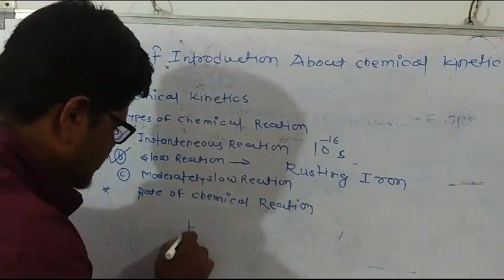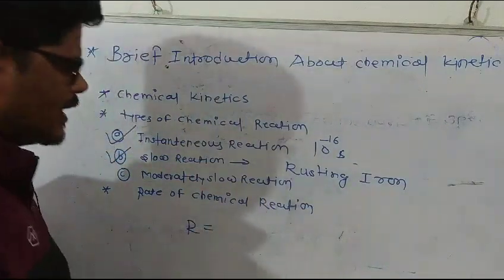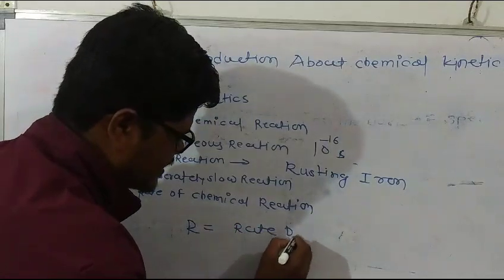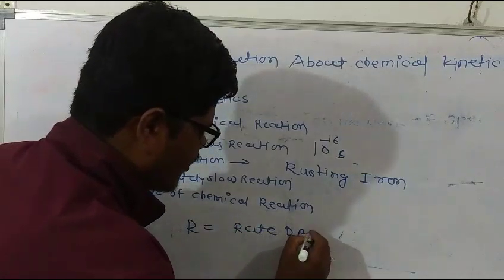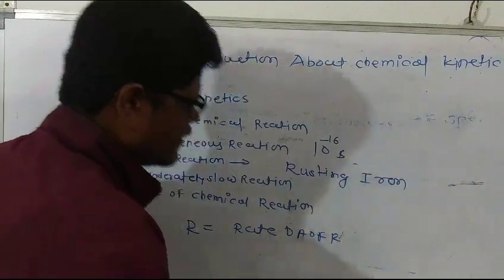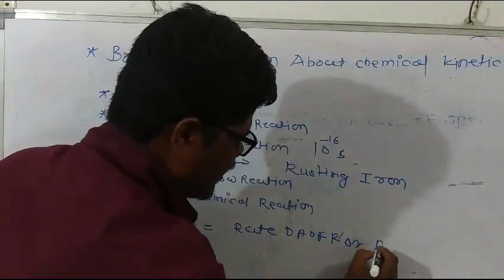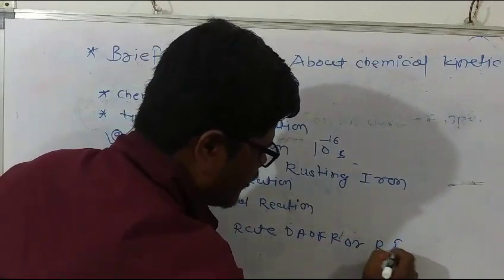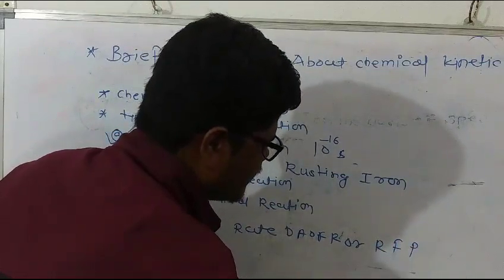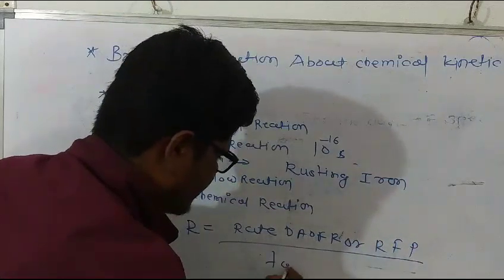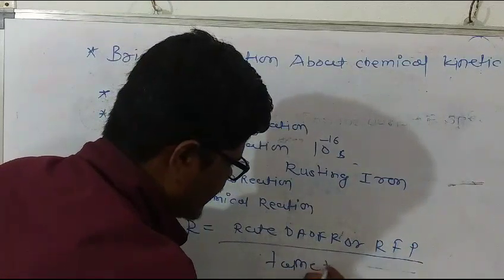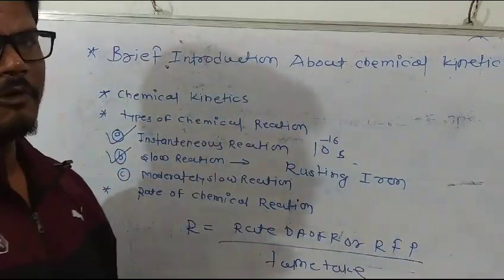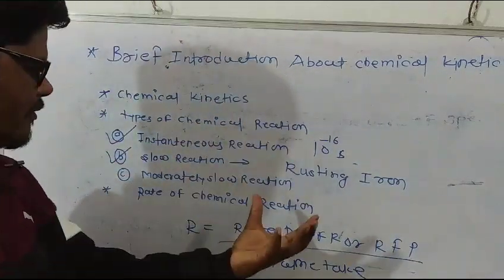Rate of chemical reaction may be calculated like this: rate of disappearance of reactant or rate of formation of product divided by time taken. By using this formula we can easily calculate the rate of reaction.